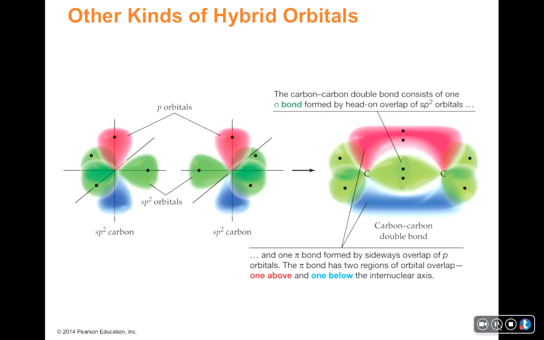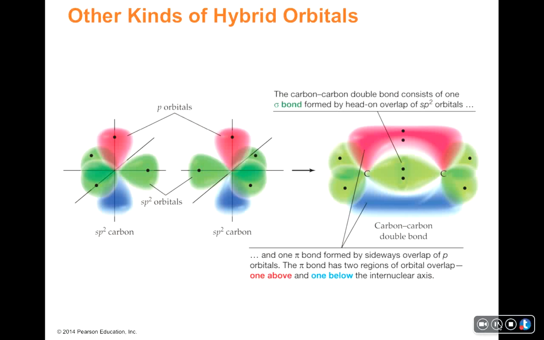So if we look at a molecule where we have a multiple bond, and that's what's being shown here. So the 2 carbon atoms that are being bonded have a double bond between them.